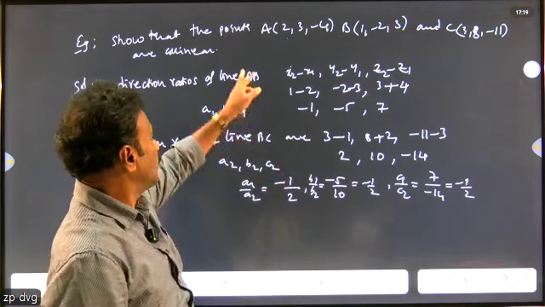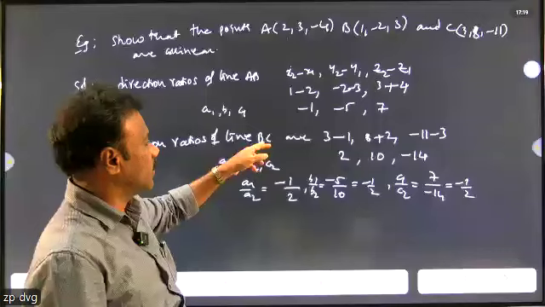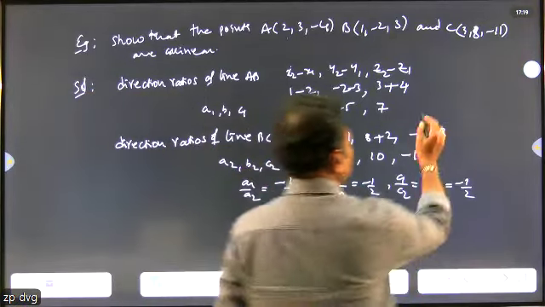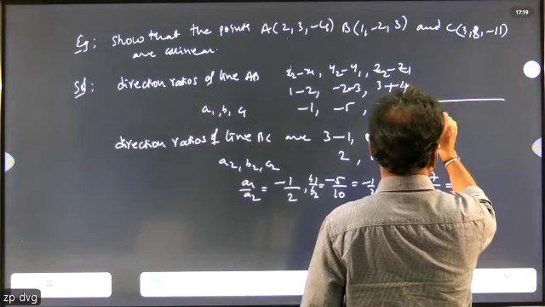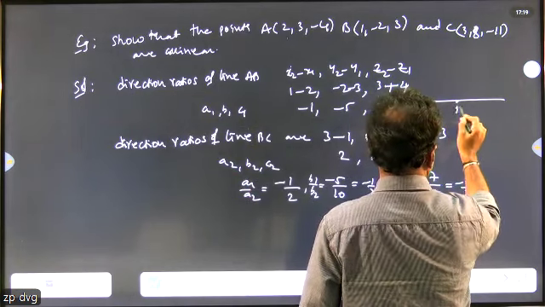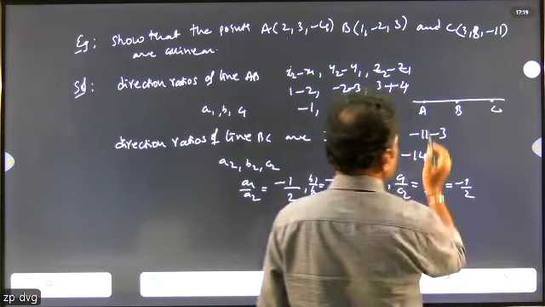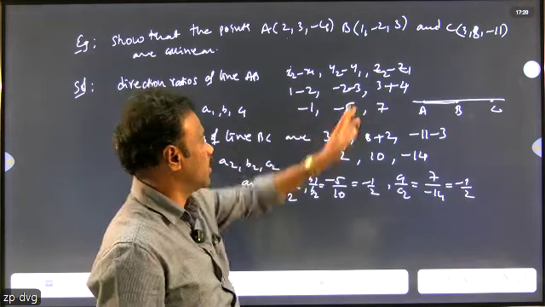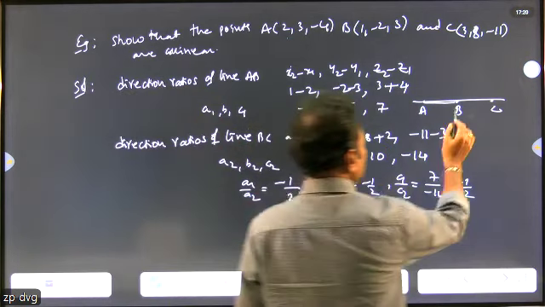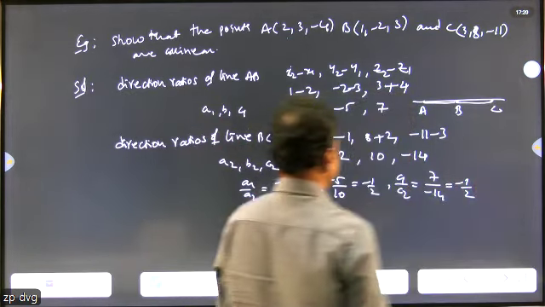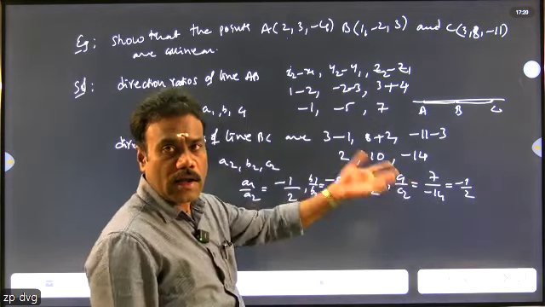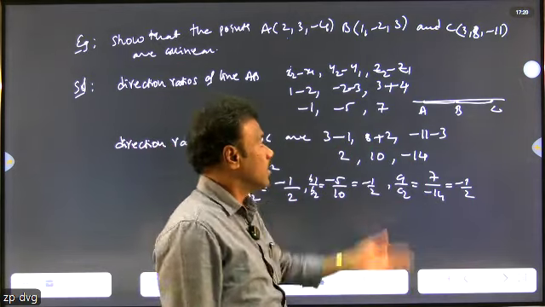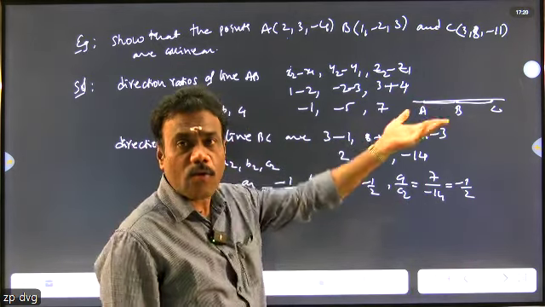So if the two lines AB and BC are proportional to each other, then we can say something about the 3 points A, B, C. The direction ratios of line AB we got are minus 1, minus 5, 7, and those of line BC are 2, 10, minus 14, and they are proportional to each other. If they are proportional, then the two lines are collinear.